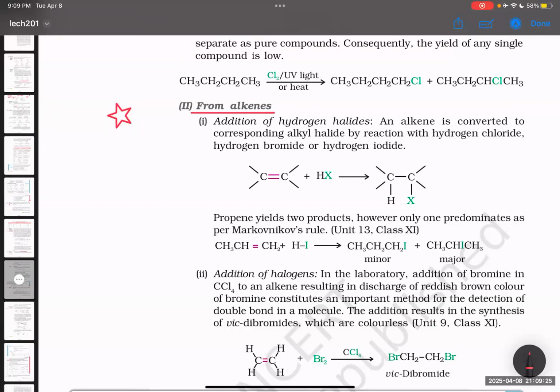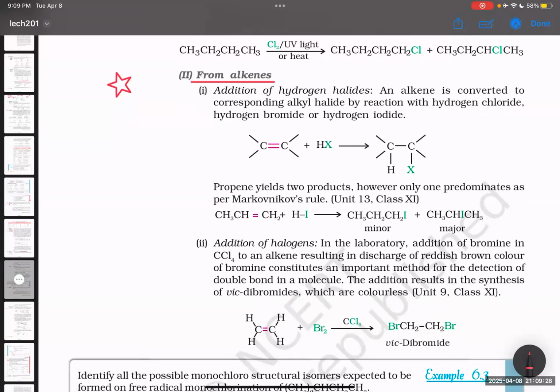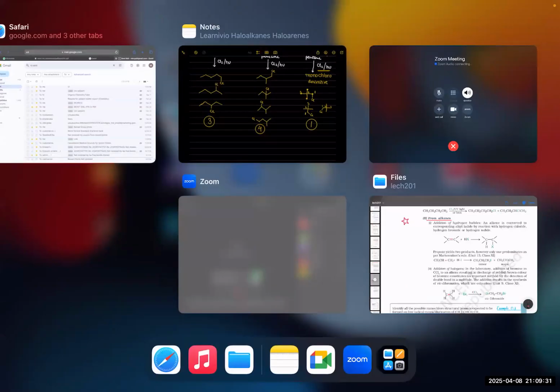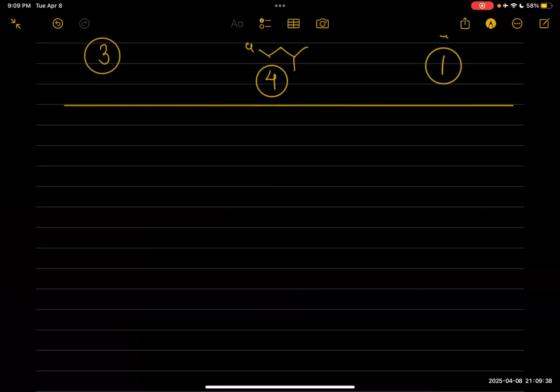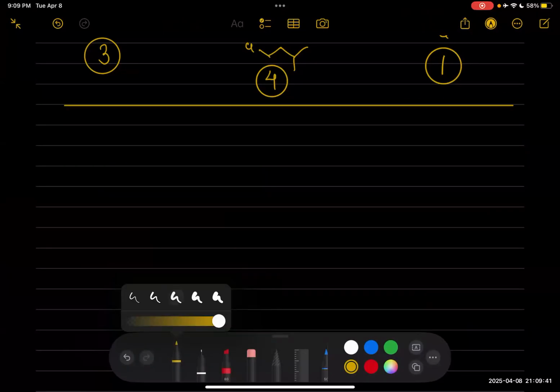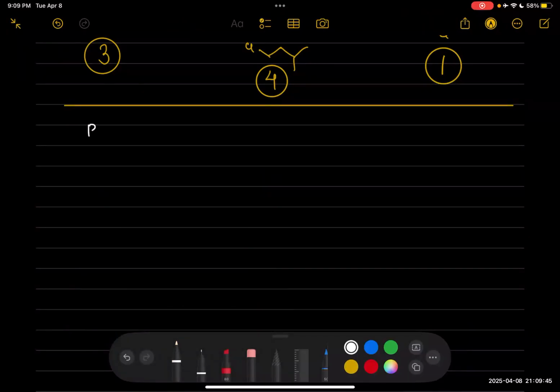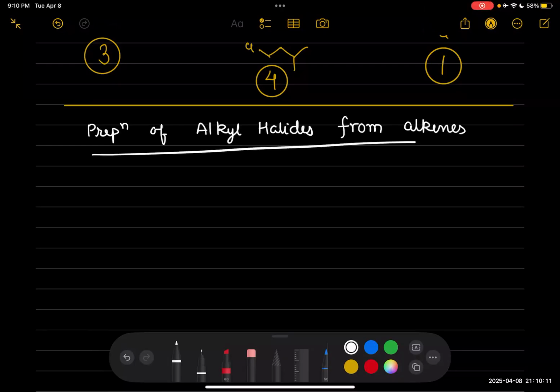So after alkanes, we have alkenes. Preparation of alkyl halides from alkenes.